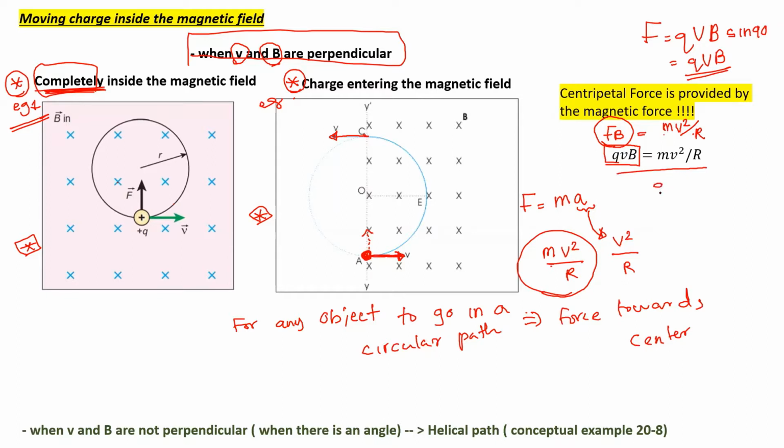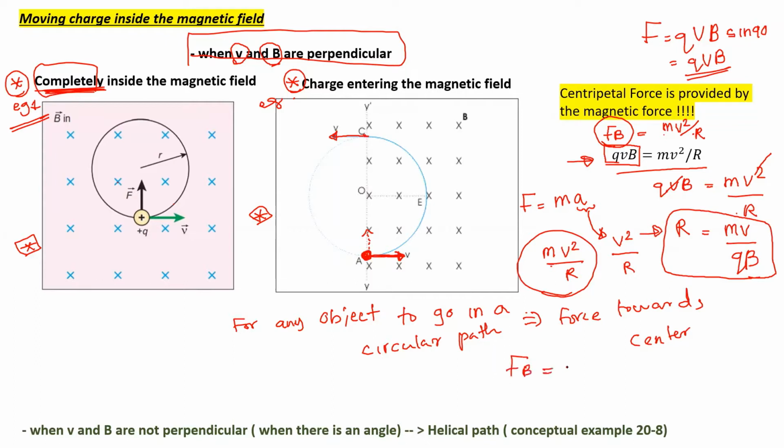If I simplify this further, QVB equals mv squared over r. So this v gets cancelled with one of these v's. And if I take this r to this side, I get this equation. They might not have this in the formula sheet, but you should be able to quickly derive it. It's easy, right? For FB, just equate it to mv squared over r. That's all you need to do. FB is QVB.